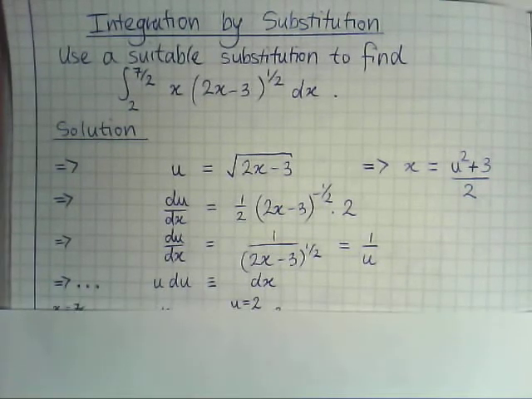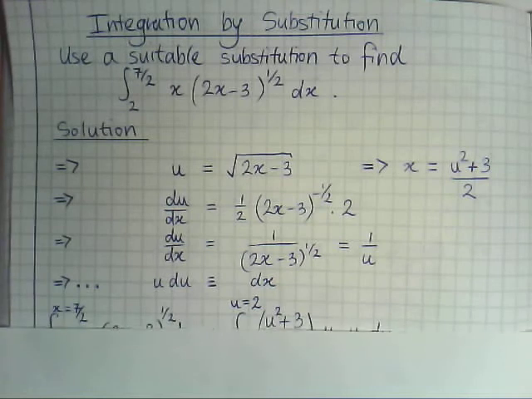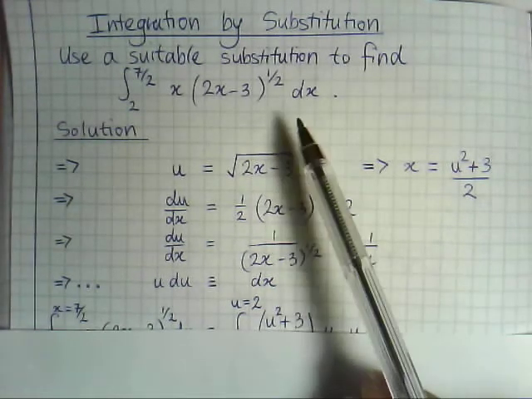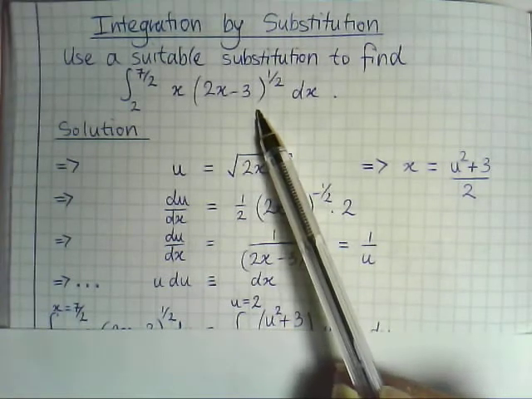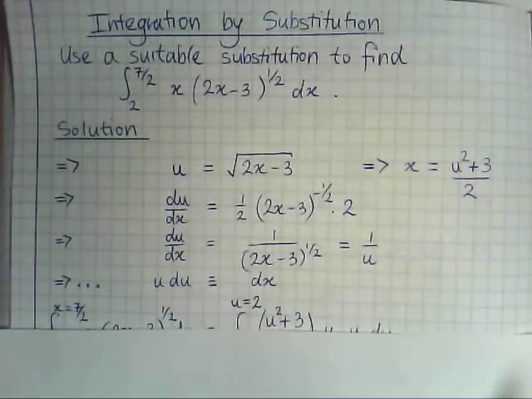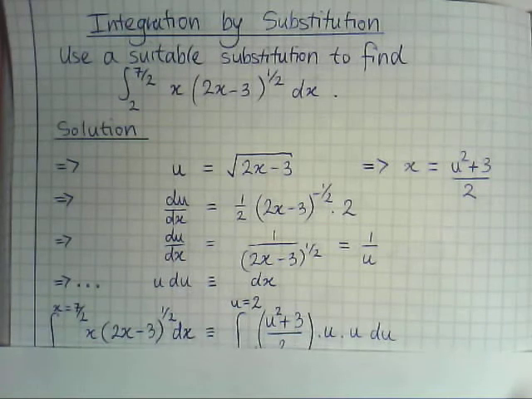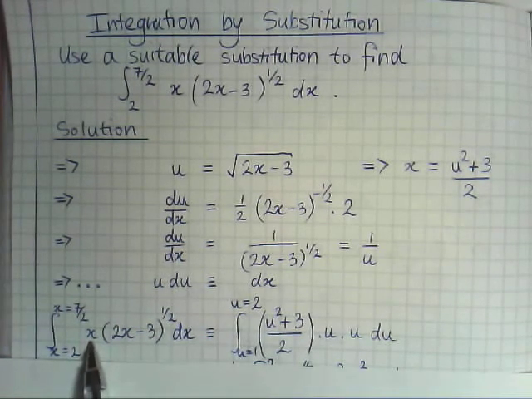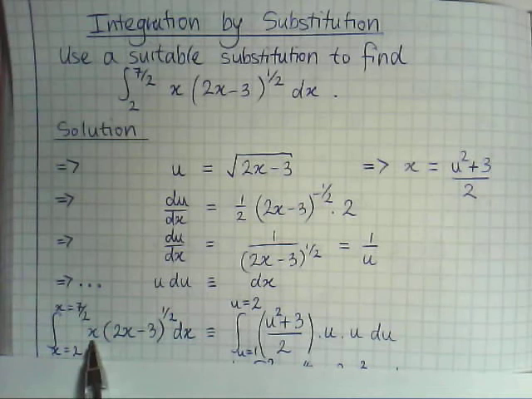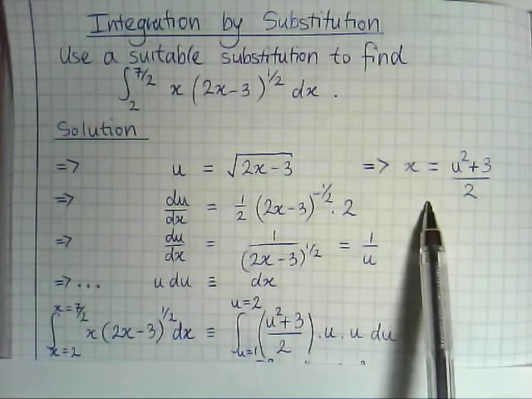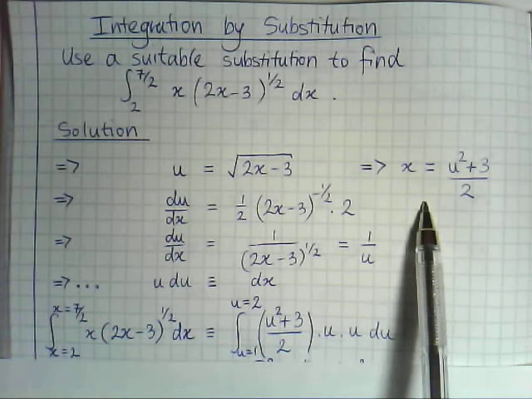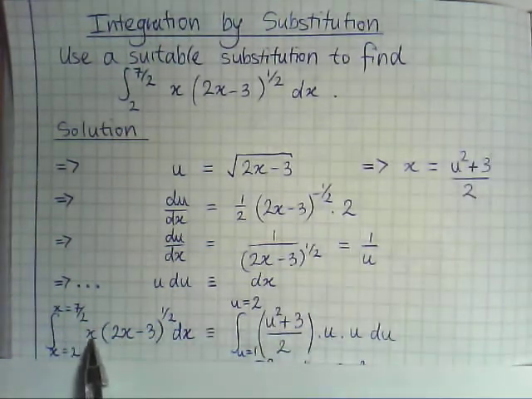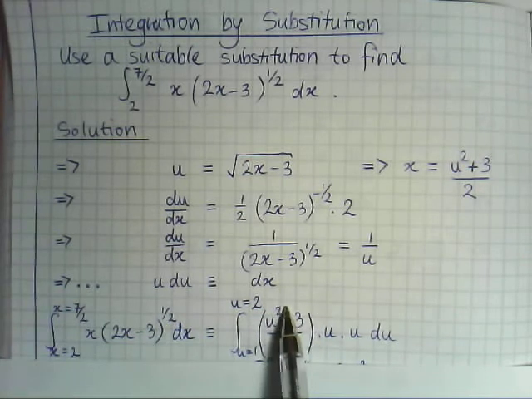Following on from that, what we can do is begin to rewrite our original integration in terms of u. So we know that x in terms of u is this, something that we derived a bit earlier on. So we're going to put that in its place, which is what we have here.